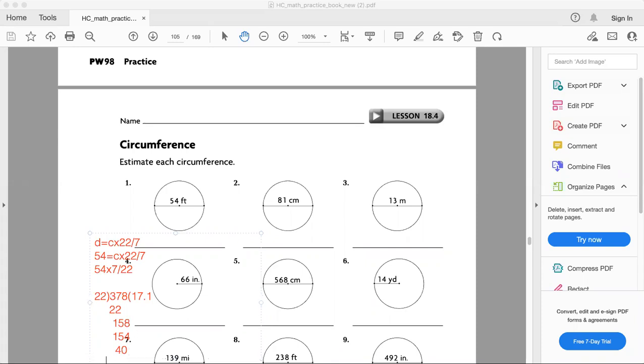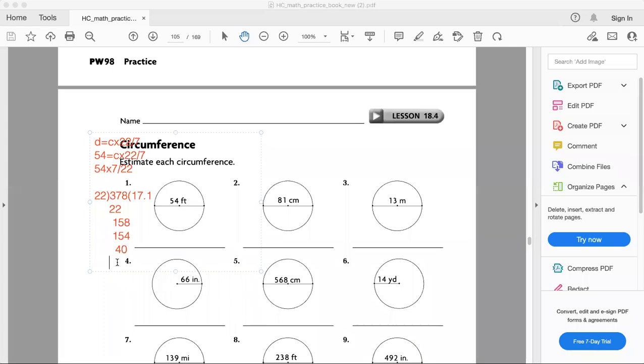Now tell me better, 22 into 1 is how much? Ma'am, 22. So 40 minus 22 is 18. Very good, 18. Now what will come down?